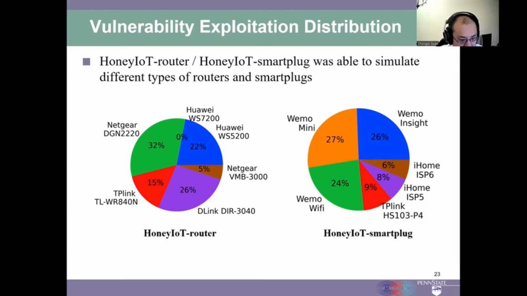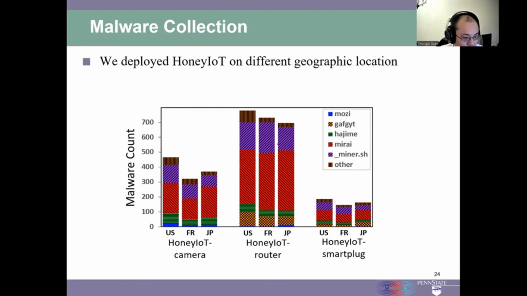Similarly, the smart plug honeypot directs attackers to all 6 smart plugs. We also deployed honeypots at 3 different locations, Virginia, Paris, and Tokyo, and performed analysis on the collected malware based on the geographic locations. The following graph is the malware collection result for HoneyIoT camera, HoneyIoT router, and HoneyIoT smart plug.